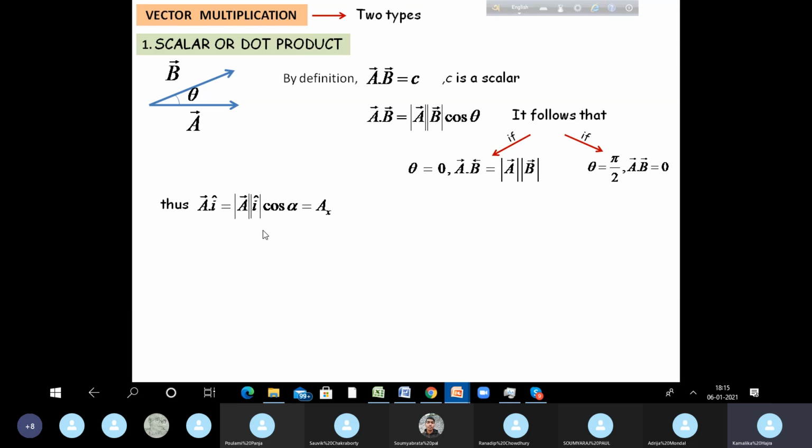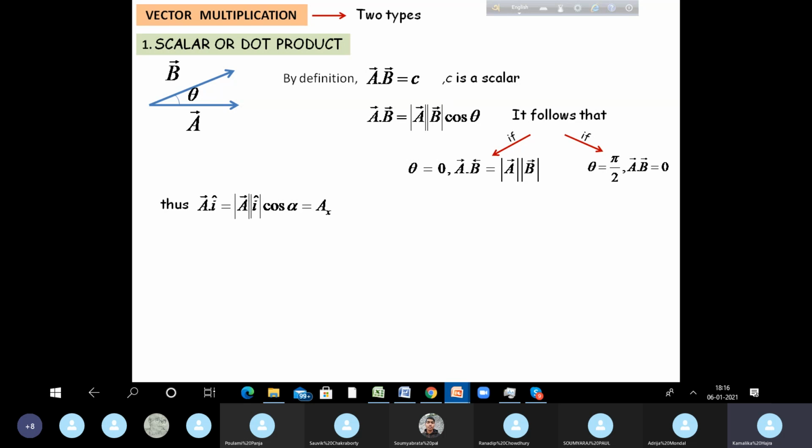But mod I is 1. And if you remember the definition of direction cosines, we defined A cos alpha is equal to A_x, that is, the x component of A along the direction of the x coordinate.